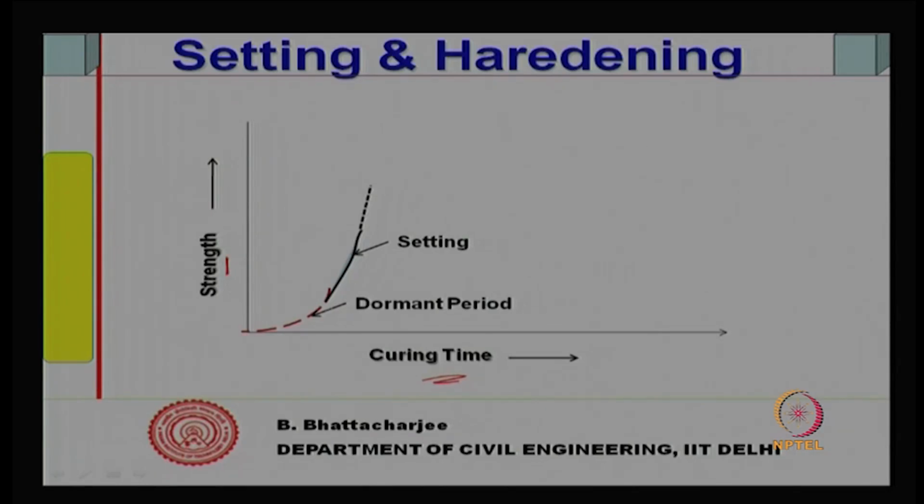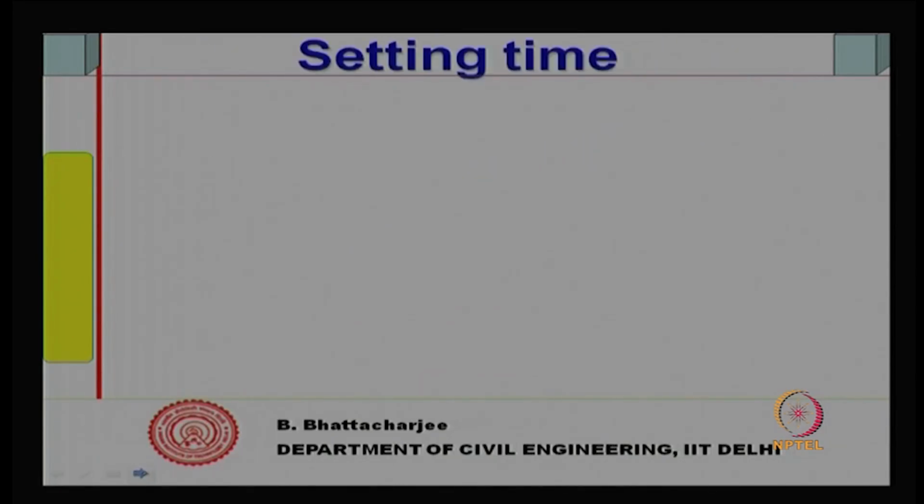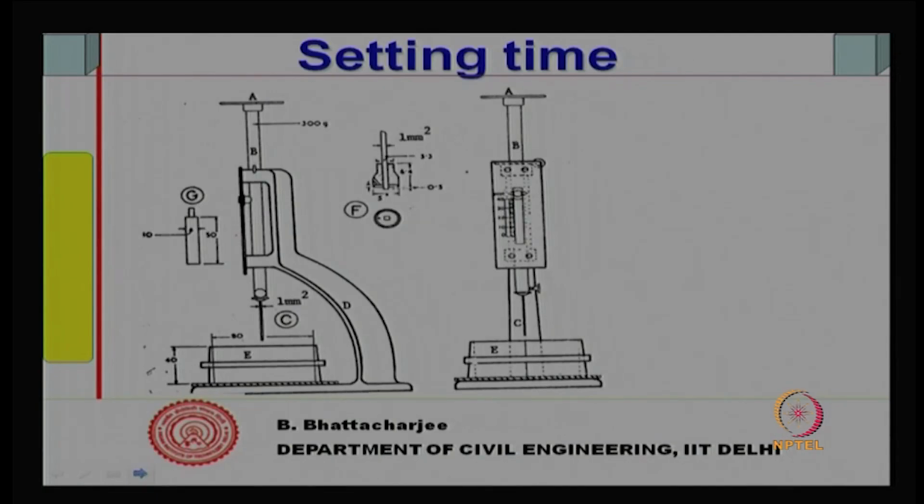So, it will solidify, it has solidified actually, quick strength gain has occurred, but during the hardening process the strength gain will follow in this manner. So, this is what we understand. Hardening essentially is related to strength gain, setting is related to solidification, but strength gain does occur during that period as well. Setting is measured again by this Vicat apparatus, but now you have a different needle. You use this needle.